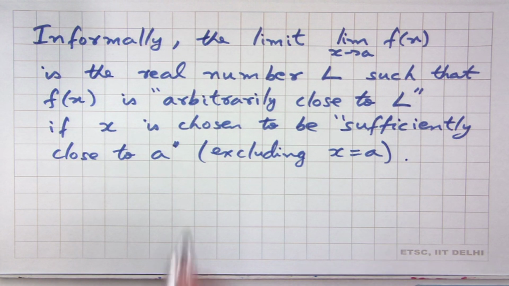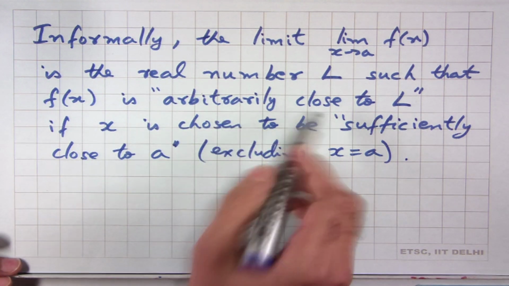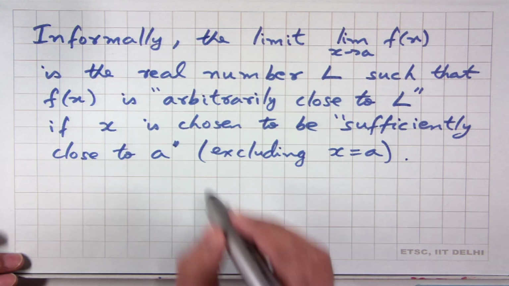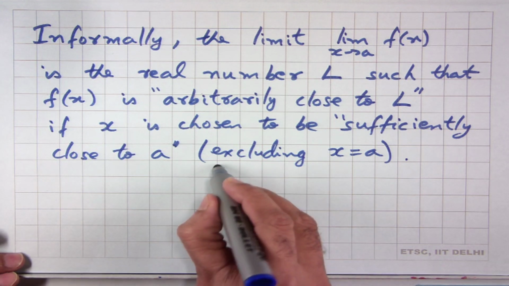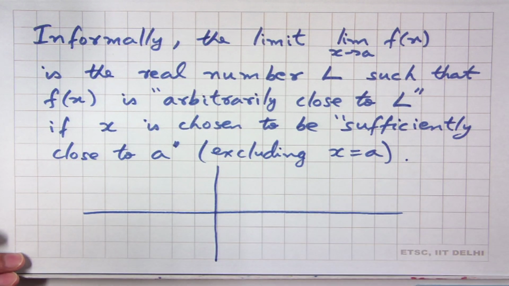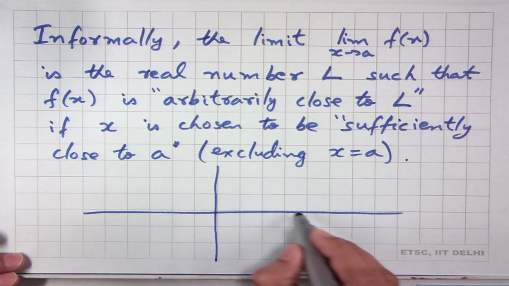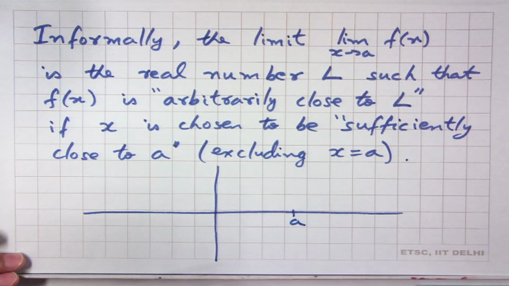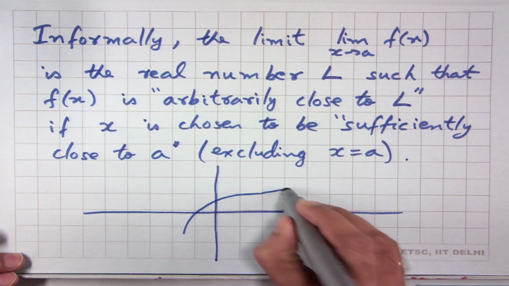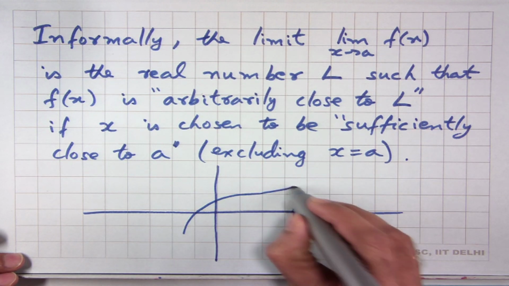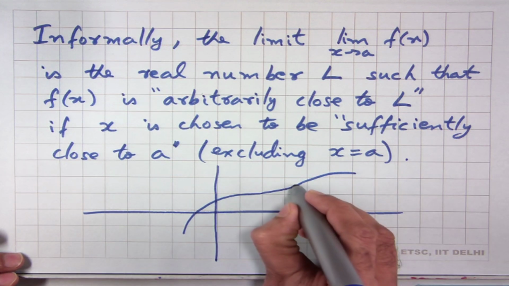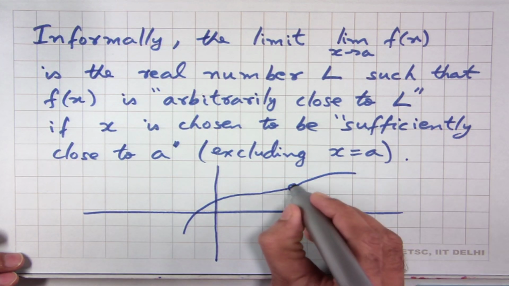So, let me explain what we mean by this arbitrarily close to L and sufficiently close to a. Suppose I have a function, and we have x equal to a here, and this function is something like this. It might not be defined at a.